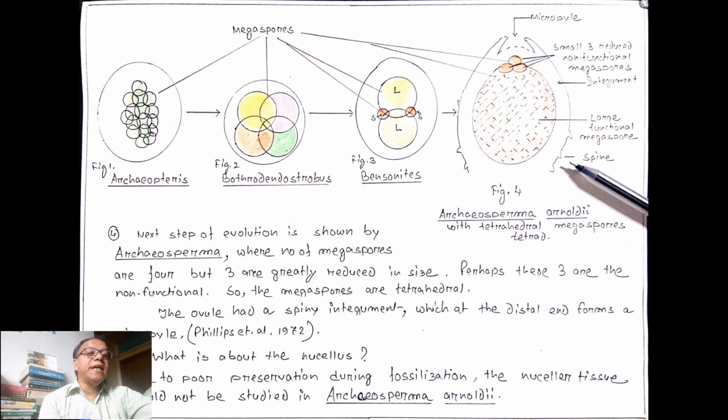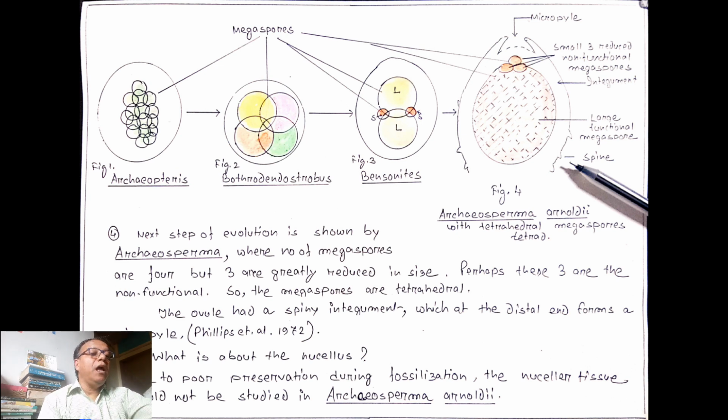So we may say the next step of evolution is shown by Archaeosperma, where the number of megaspores is 4, but 3 are greatly reduced in size, and perhaps these 3 are non-functional, and the megaspores are tetrahedral.